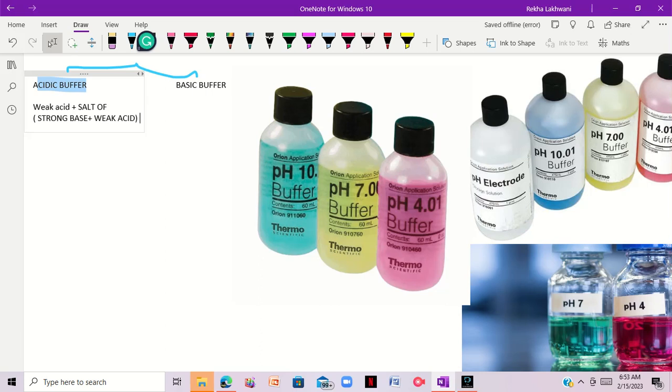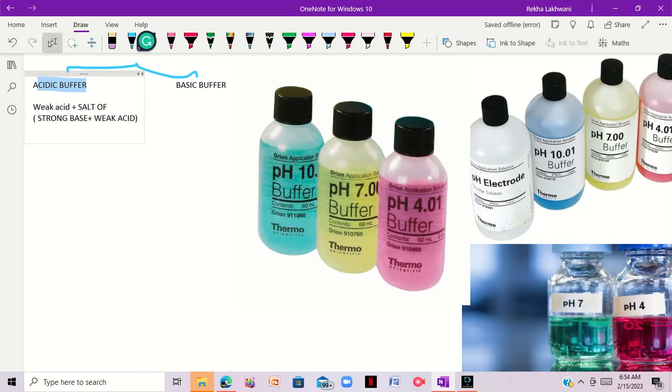So in acidic buffer we actually want a weak acid plus a salt of strong base and weak acid. Basically we want a salt of strong base. So these are the conditions of an acidic buffer.